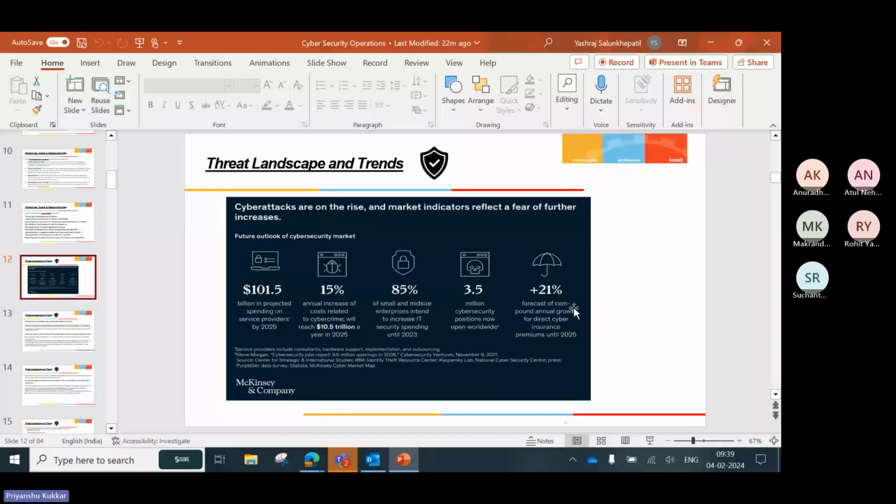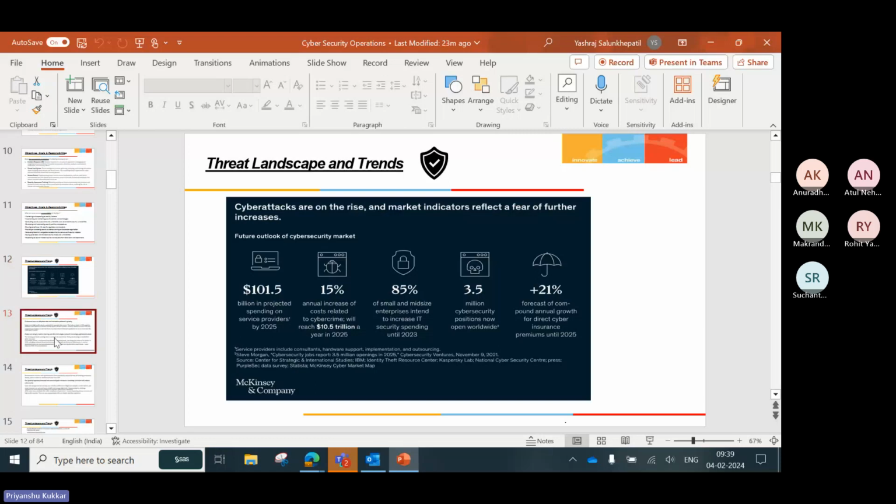Okay, 21% forecast of compounded annual growth for direct cyber insurance premiums. I guess this falls under the insurance domain. If anyone has shifted from finance, they must know what this is about.